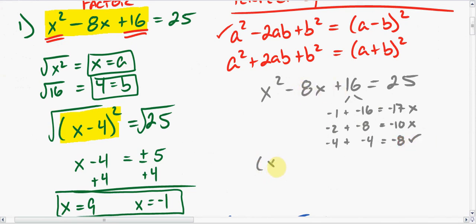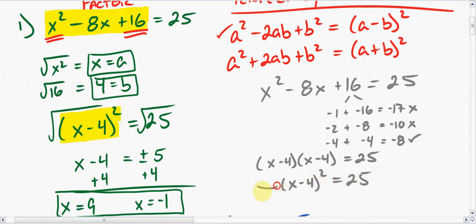So my answer would be x minus 4 times x minus 4 equals 25. And when I have the same binomial twice, I can write it as x minus 4 squared equals 25. And that gets us right to this point, and you can then continue on just as we did.